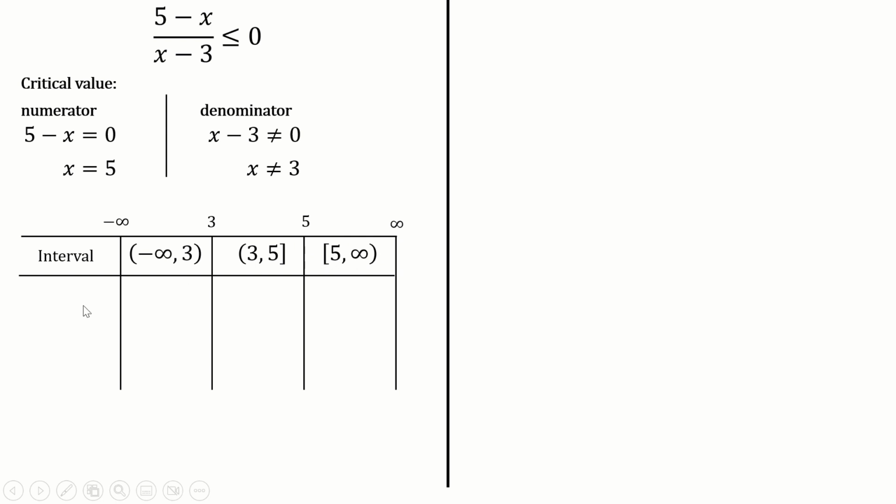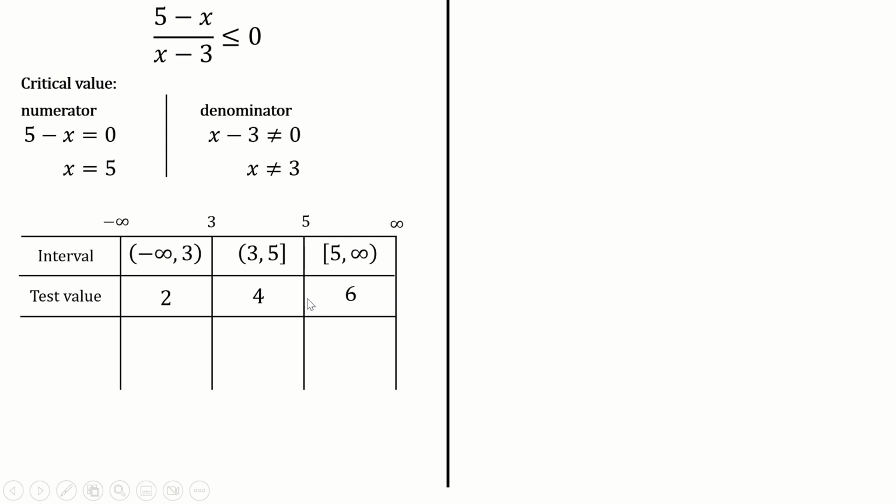Alright, and then we must choose suitable test values. We just pick some number which is in each interval. In between negative infinity and 3, let's say we choose 2. Between 3 and 5, we can choose 4. And greater than 5, we can choose, let's say, 6.